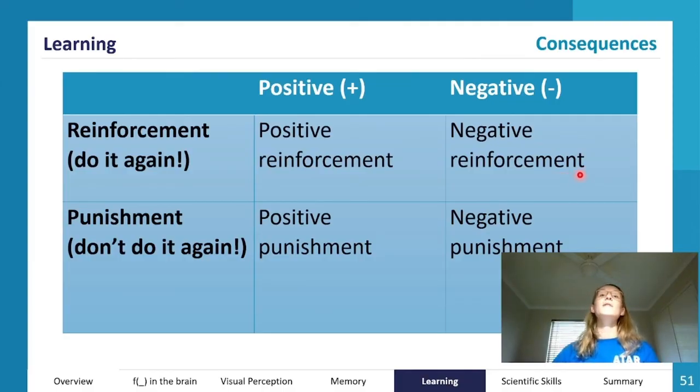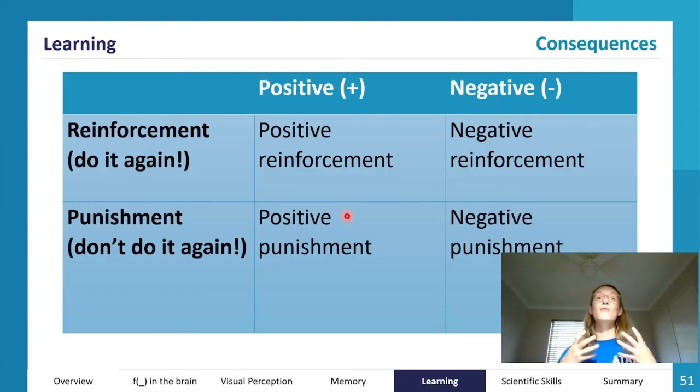Moving down to punishment. When we're looking at positive and negative punishment, we're looking at how we can reduce the likelihood of the behavior. With positive punishment, remember, something is added. How can we add something to reduce the likelihood of a behavior? Well, that would be adding an unpleasant stimulus so a child knows that they shouldn't engage in that behavior again.